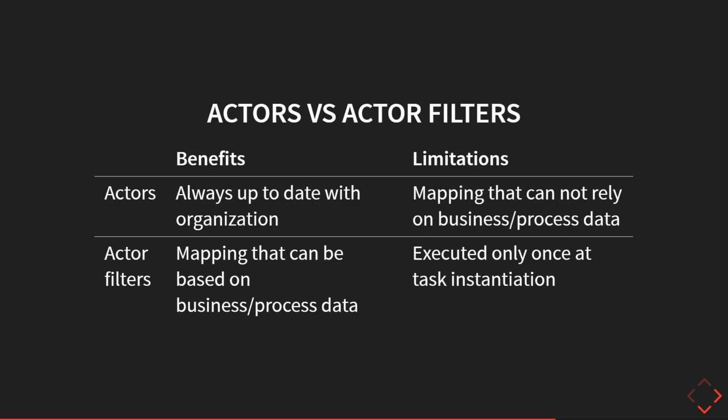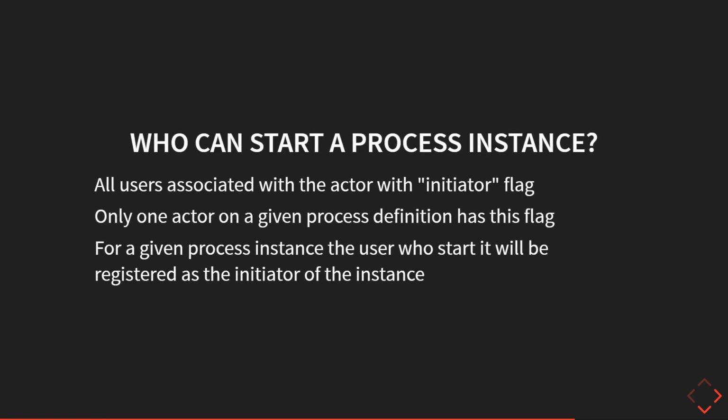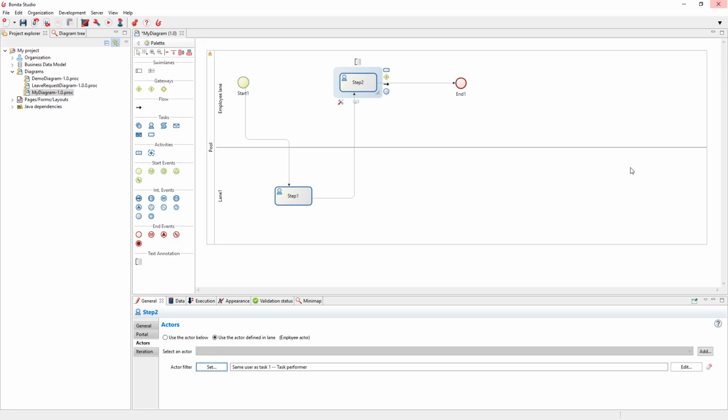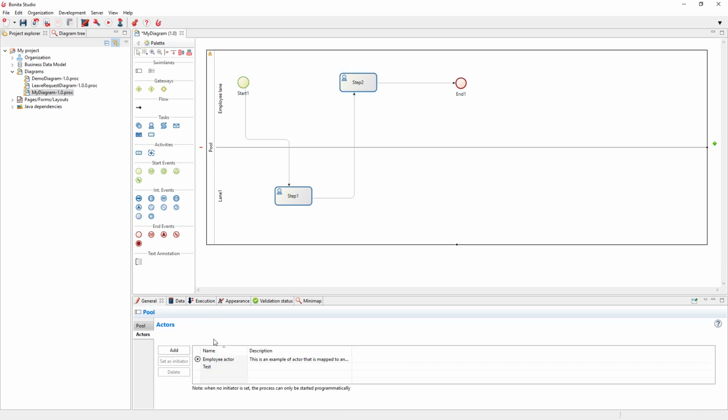One thing I didn't mention here is how we define who can start a process. This is actually achieved using a specific flag on one actor. You actually have it already when you create a process. By default, the employee actor has this little icon here because the employee actor is the initiator actor.